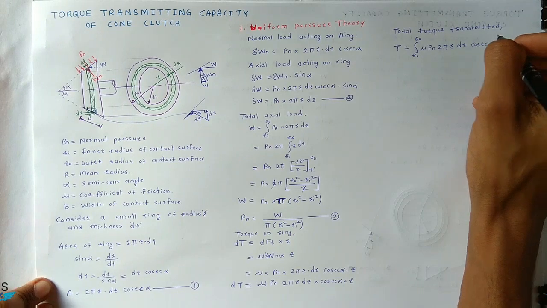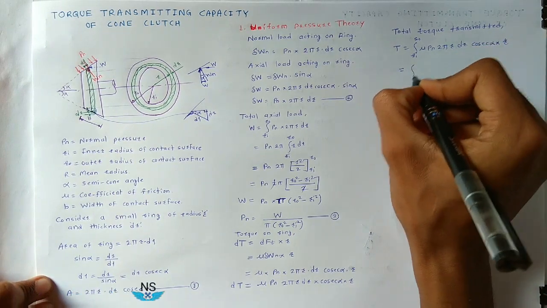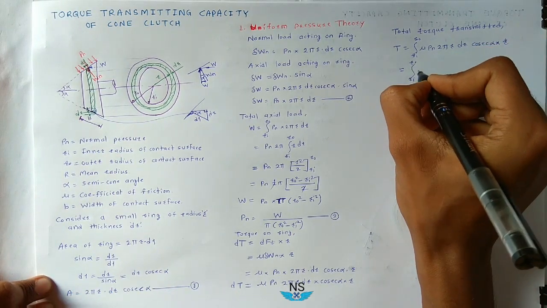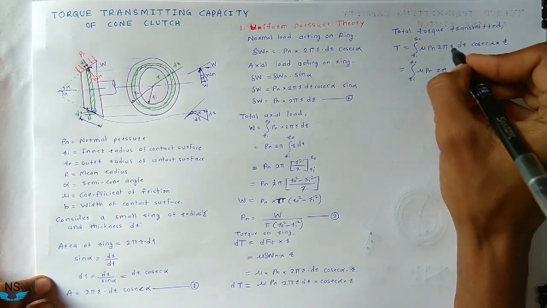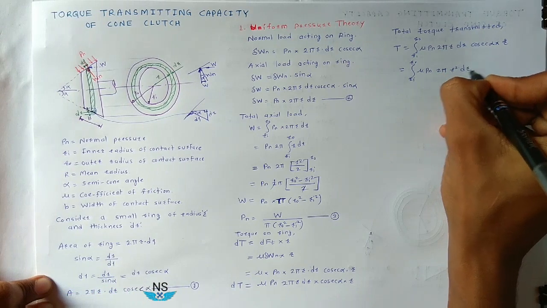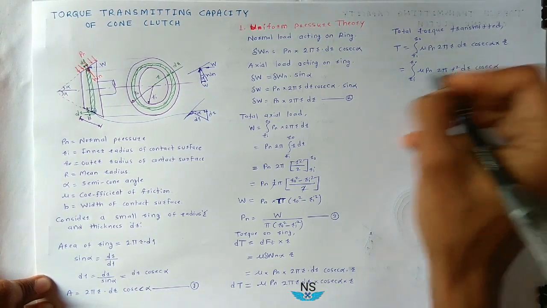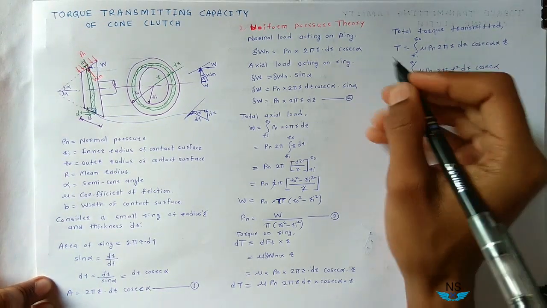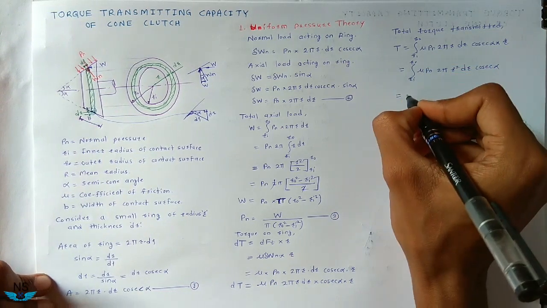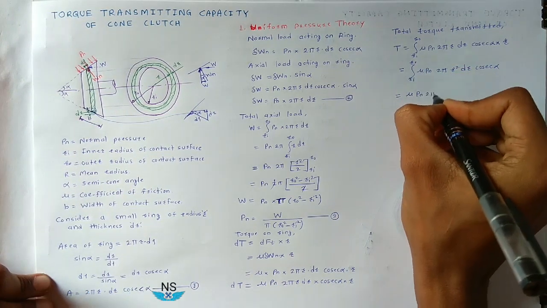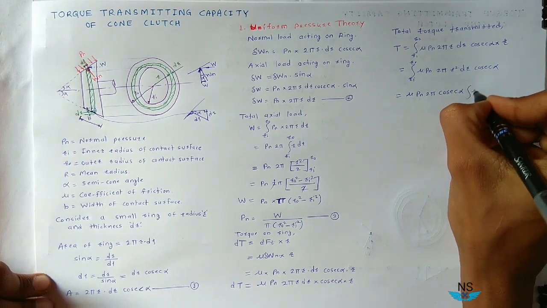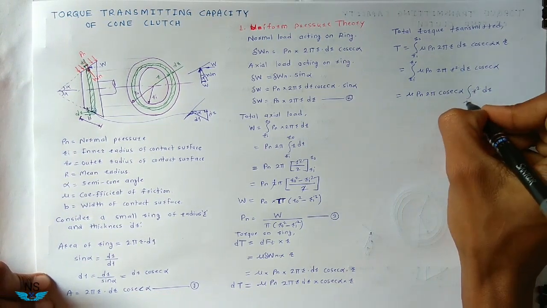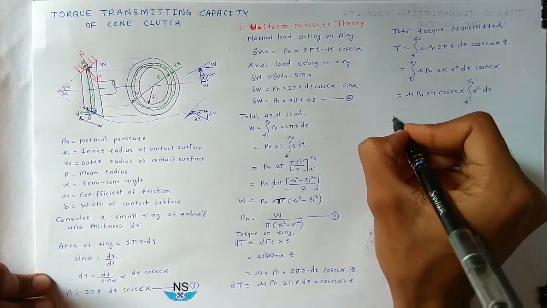This is equal to the integral of mu Pn 2 pi, where r into r is r square, into dr cosec alpha. Now take the constants outside the integration: mu Pn 2 pi, and cosec alpha is also constant, so the integral of r square dr from Ri to Ro.